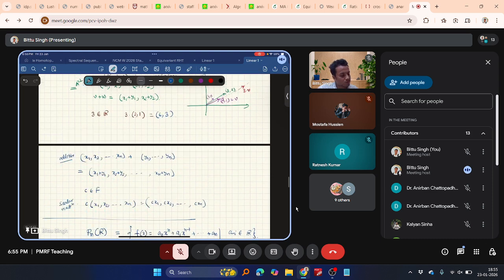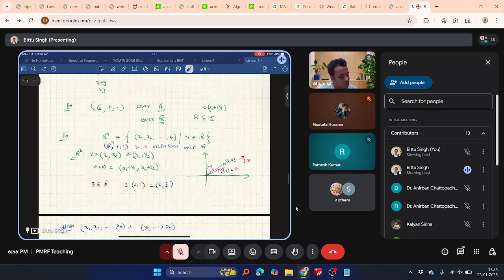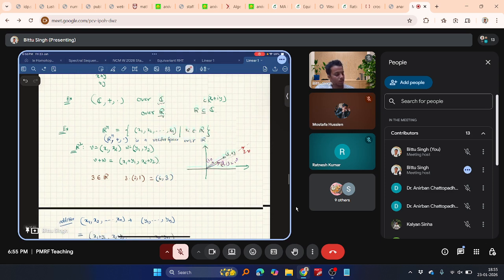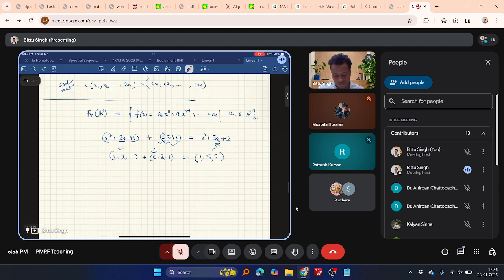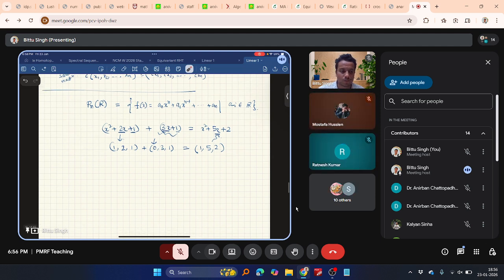That is why I was saying that this Rn is the main example. If you take any vector space, you can always write it in coordinates. We'll see later why this is the case. This is an important fact. And similarly, we can do multiplication, since we know how to multiply a polynomial by a scalar.